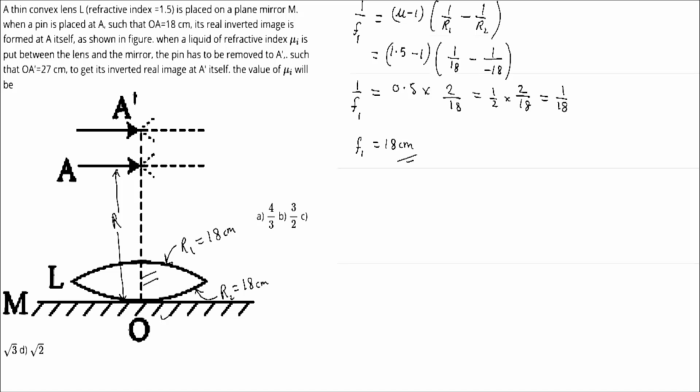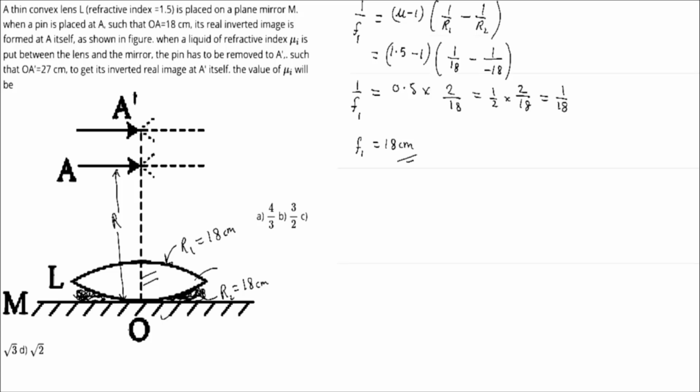Now, for the second situation, when the liquid is introduced here, the liquid has two curvatures.